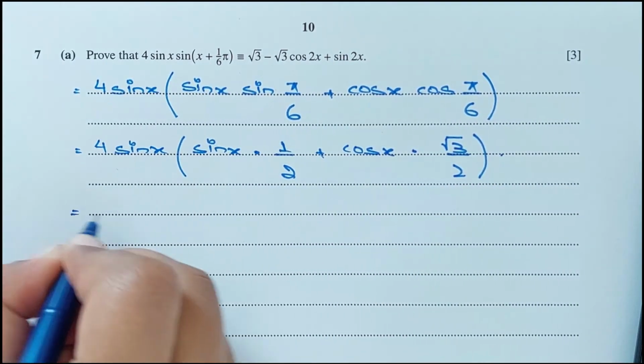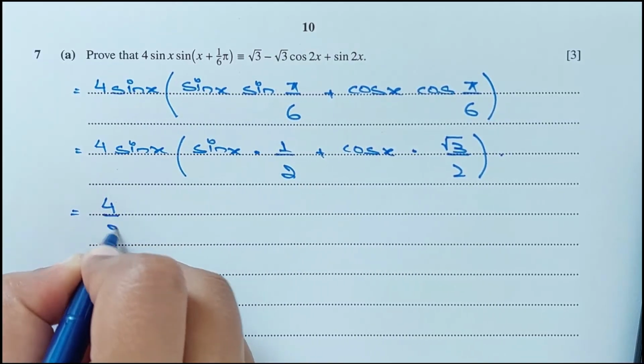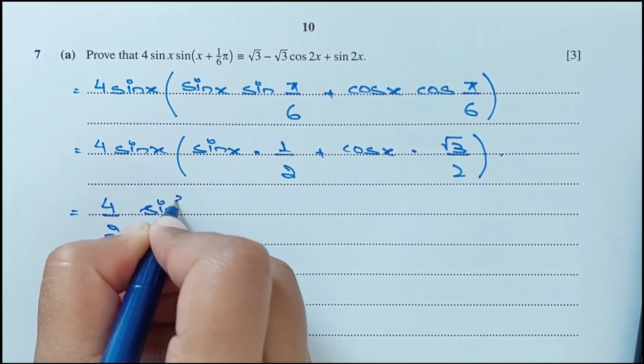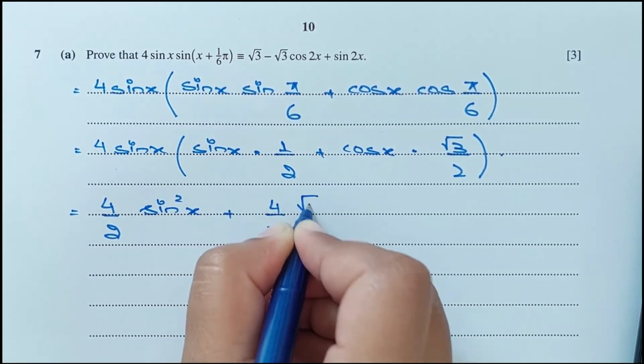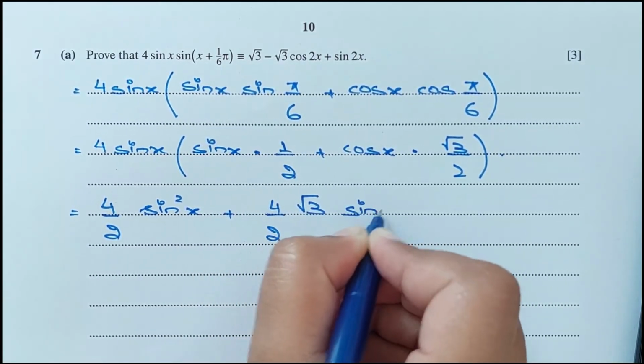Okay, so 4 by 2 sin squared x plus 4 by 2 square root of 3 sin x cos x product.